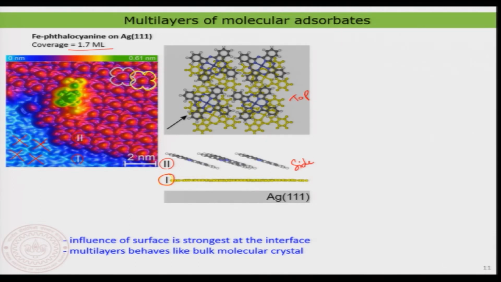Now, the interesting thing that you would ask is, why is the molecule suddenly changing its orientation? Why not just pack in the same way as you see in the first layer? Well, that is an obvious question, but the interesting thing is that when the molecules start to pack in the multilayer, they start to increase the so-called molecule-molecule interaction.